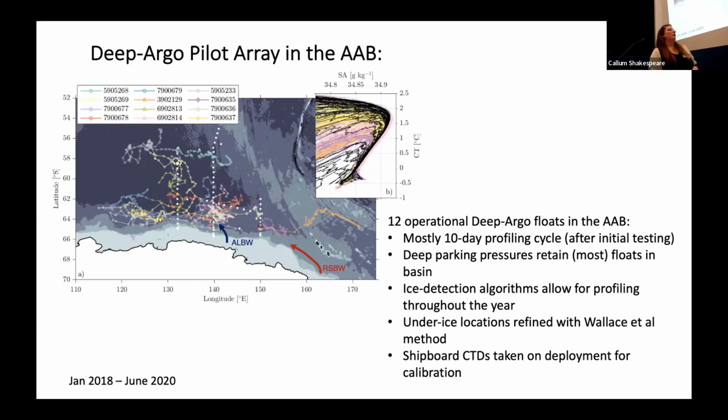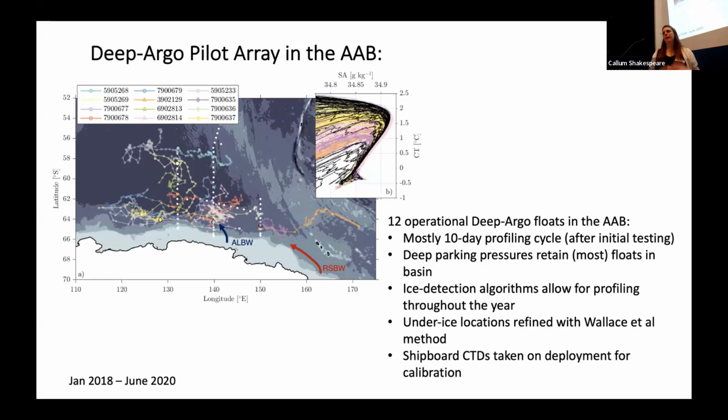The locations when they're under the ice, you might imagine they can't talk to the satellite, so they don't know where they actually are in space. You only have the first profile before winter and the last profile after winter. But Luke Wallace and Esme and others developed this algorithm to use both the bathymetry data and the maximum pressure data to do a more bathymetry-following interpolation of the locations for the under ice profiles.